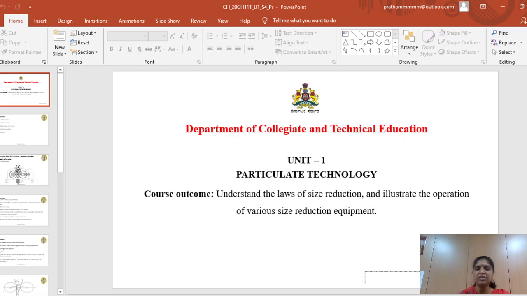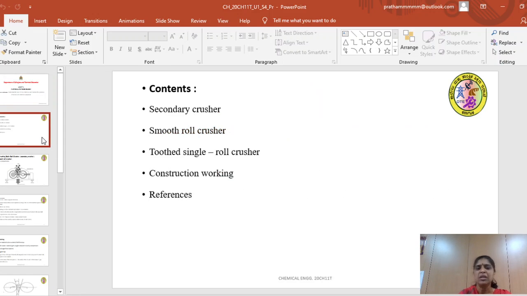We learned the construction and working mechanism of the jaw crusher, and also the major differences, whether in operation or in the speed of rotations, between the jaw crusher and the gyratory crusher. So in continuation with the last session, we will learn today about the secondary crushers, which are the smooth roll crusher and the tooth roll crusher.